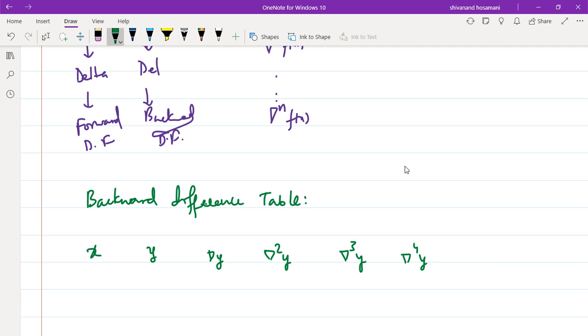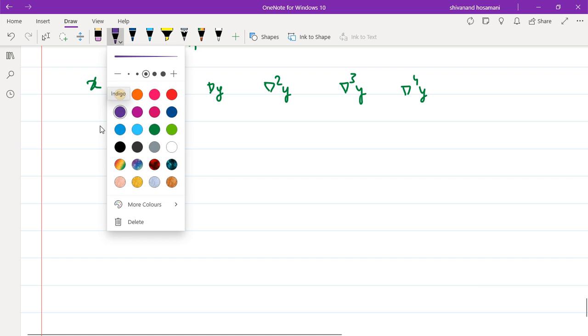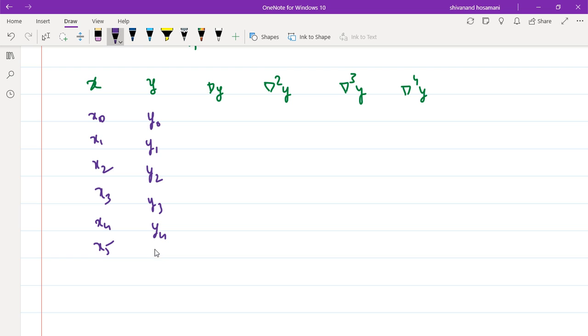The x values are x0, x1, x2, x3, x4, x5. This is y0 corresponding to x0, y1 corresponding to x1, y2 corresponding to x2, y3, y4, and y5.